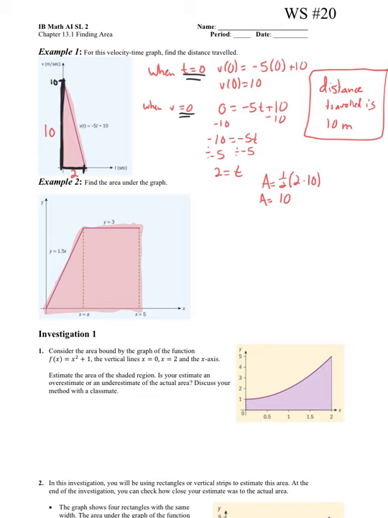Okay. For problem 2, it just says find the area under the graph. And for this one, we still need to find this. If we use the trapezoid formula, we need to find this height. Or I guess, yeah, we have y equals 3 there.